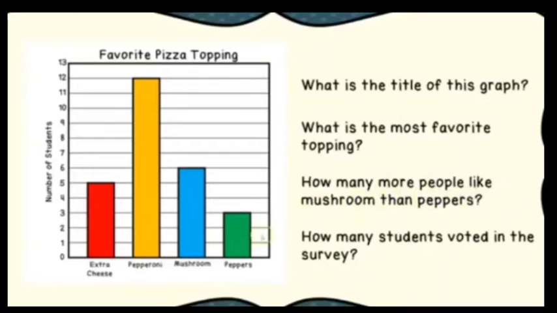Now the title is favorite pizza topping and the most favorite topping is pepper. How many more people like mushroom than peppers? Here mushroom is 6 and this is 12. 12 minus 6, 6 more people. How many students voted in total? First, count the number of students here.